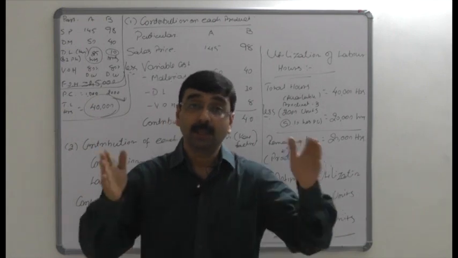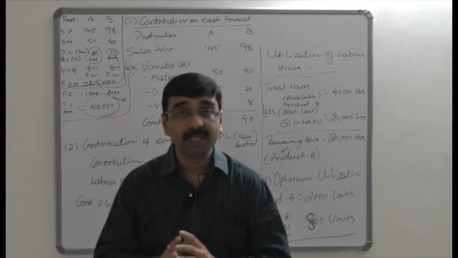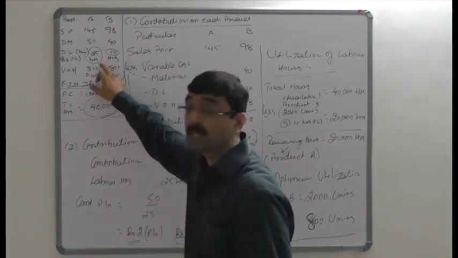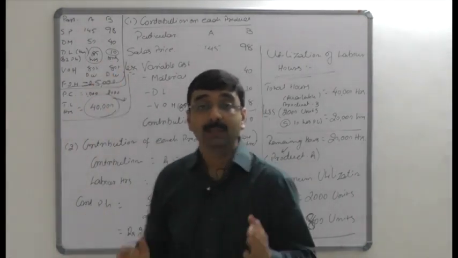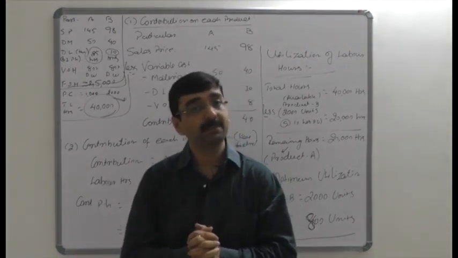So in this regard, the company has the remaining 20,000 hours, and on the basis of those hours, divided by 25 hours per unit of product A, the division comes to 800 units of product A that can be manufactured.